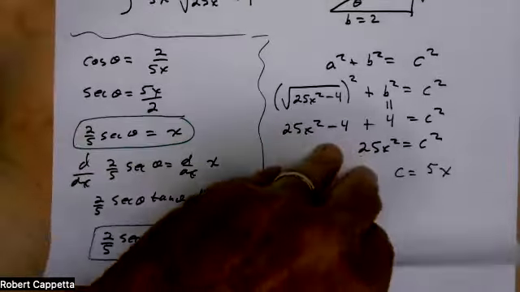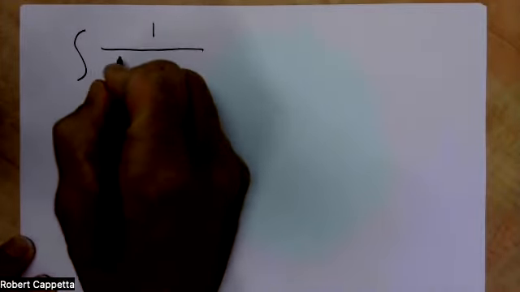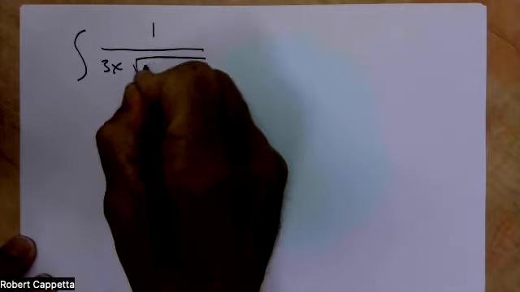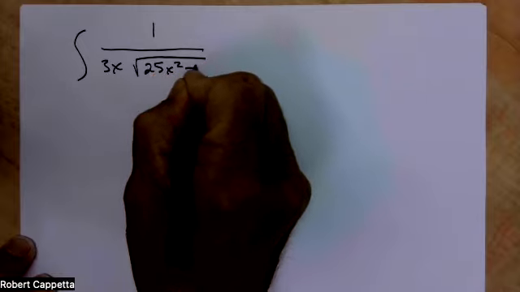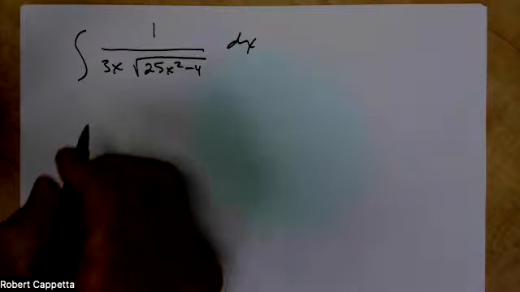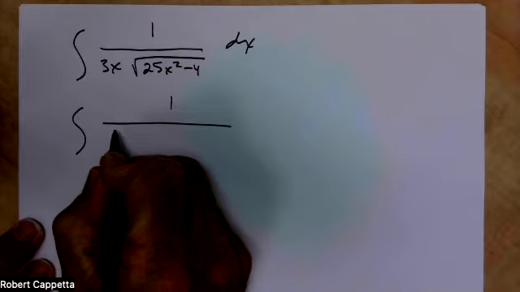So let's rewrite that on a new sheet of paper. Our original question again was the integral of 1 over 3x root 25x squared minus 4 dx. Let's make our substitutions. First off, 1 over 3.